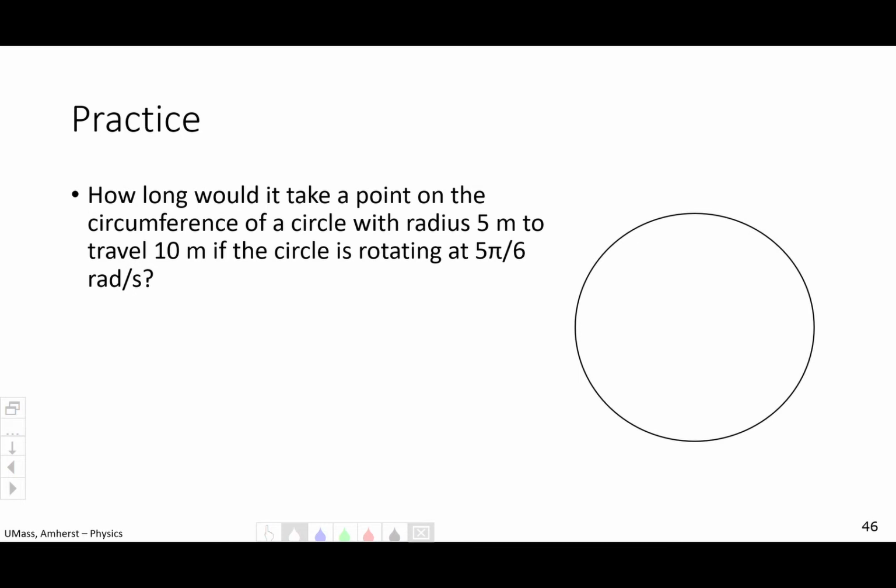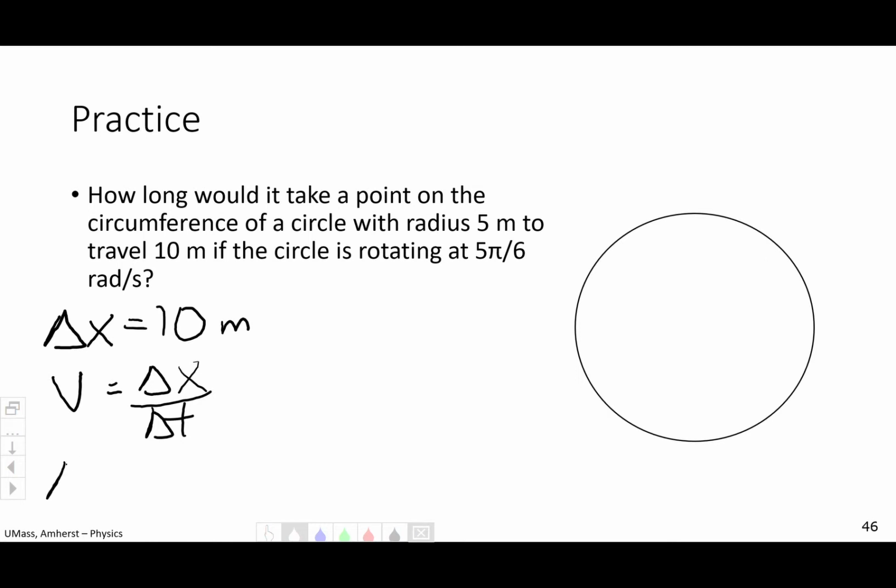All right, we're picking it back up. First of all, the displacement that we need to travel is 10 meters. We know that velocity is displacement over time, meaning displacement is velocity times time.